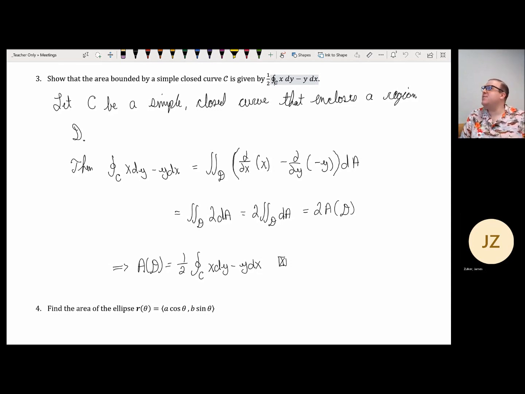So now we can go ahead and find area of parametrized regions or parametrized curves. In this case, the ellipse.